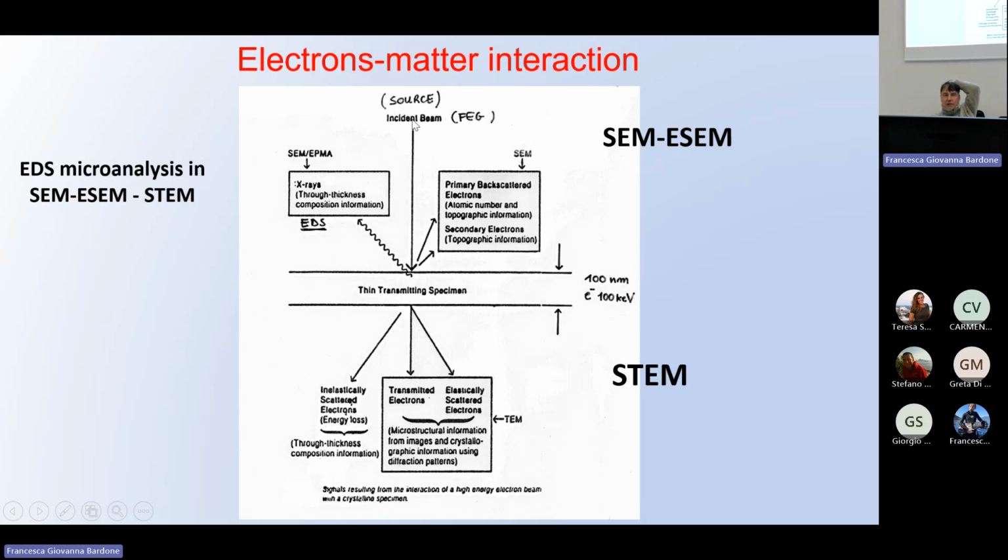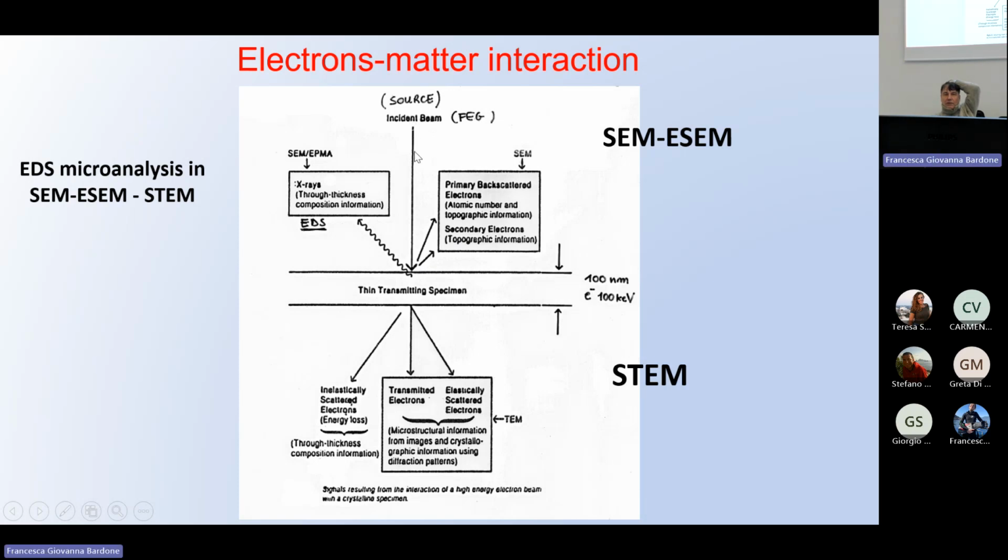So you have an incident beam, and in the scanning electron microscope, and also in the modification with the environmental one, you detect the information you can get from the top. If you have the primary reflected, you have the backscattered electrons, the secondary ones for topographic information, and you have the X-rays for the chemistry.